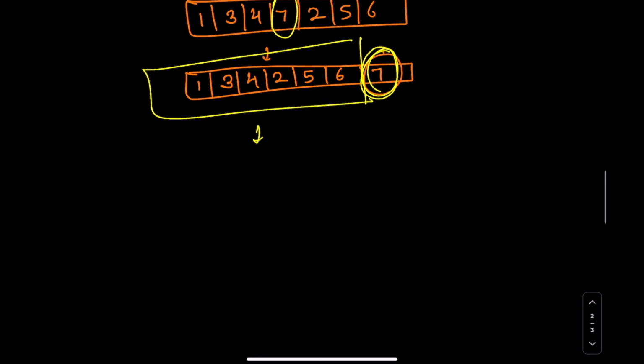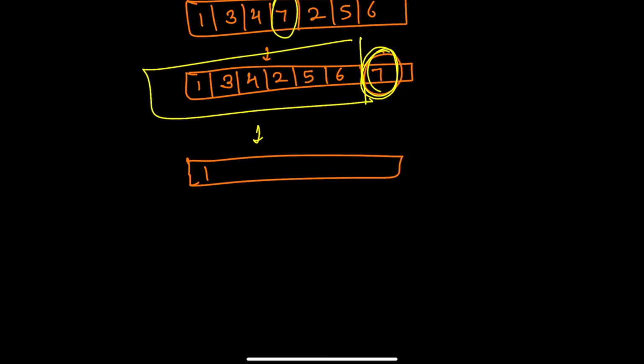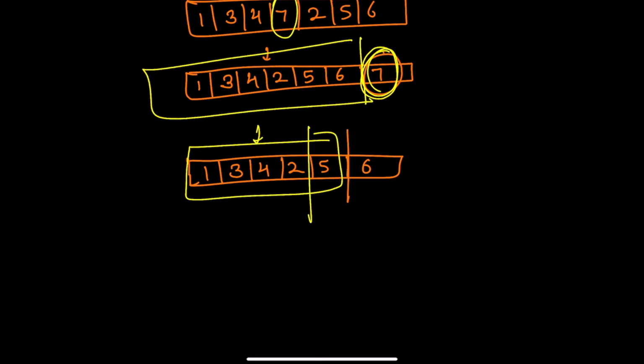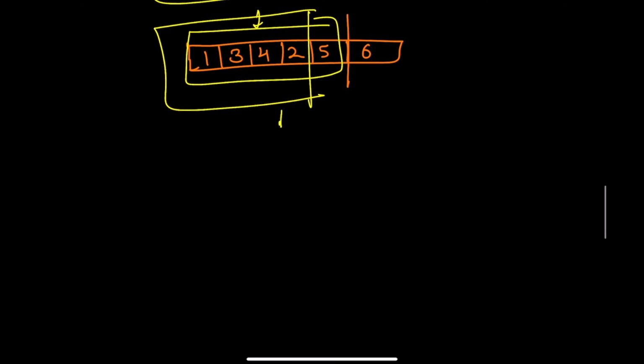So this is another subproblem we have. You can write it 1, 3, 4, 2, 5 and 6. Since 6 is already at the end, we have another subproblem, till the 5. The 5 is also at the last, so we have this small subproblem: 1, 3, 4 and 2.